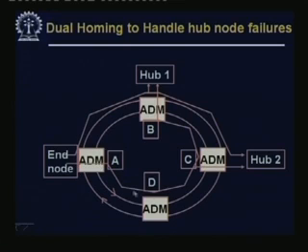So, we have these 4 ADMs, once again 4 nodes, let us say A, B, C, D. The end node, let us say, is A, and these are the 2 hubs B and C. What we want is that not only some link failure, but even if one of the hubs fails, I should still be able to communicate.